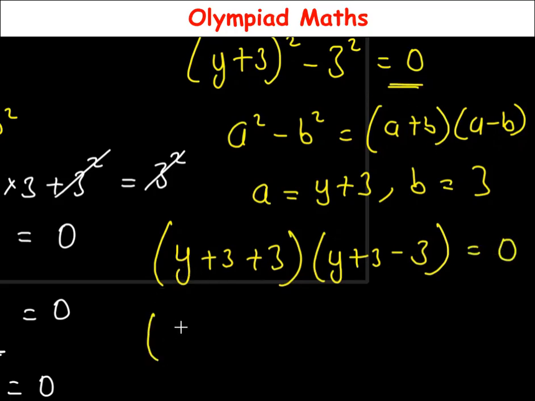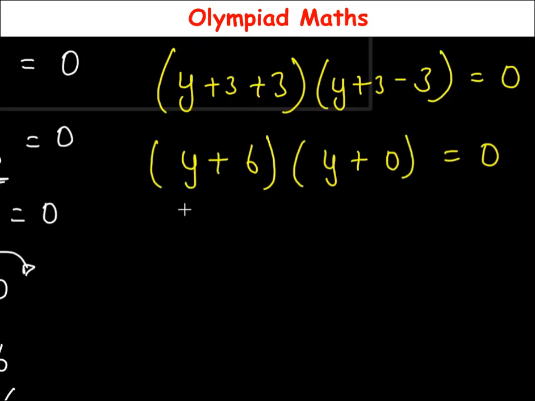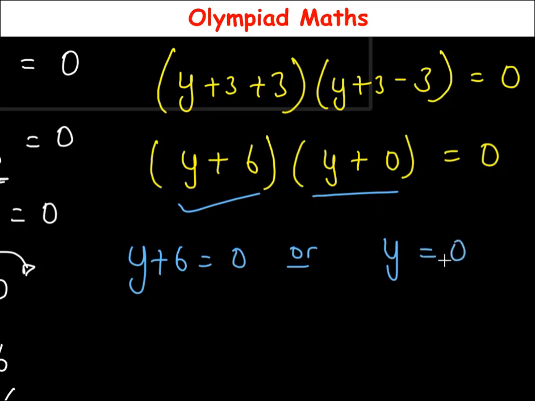From here, y + 3 + 3 is y + 6, then y + 3 − 3 is y, and it is all equal to 0. From here, we can say y + 6 is equal to 0, or y is equal to 0.